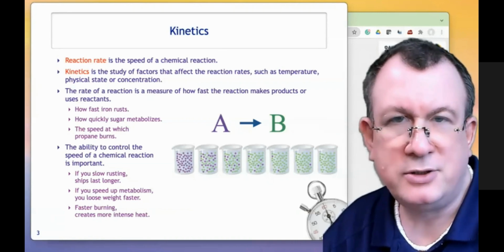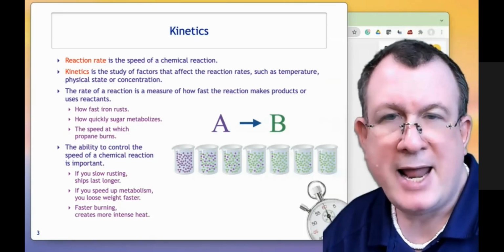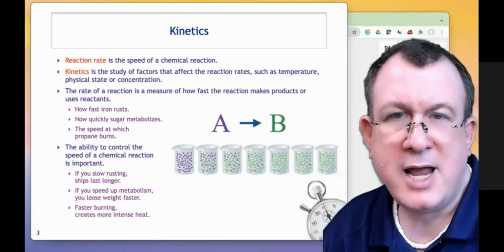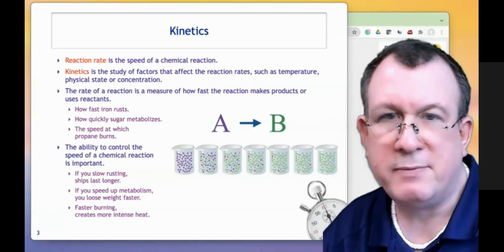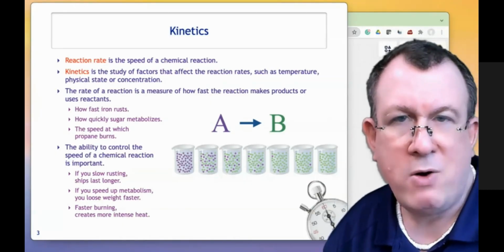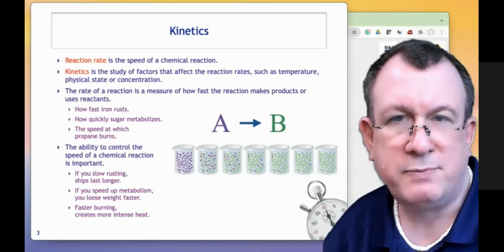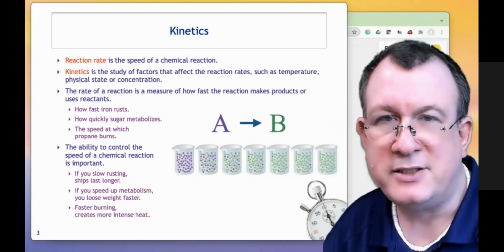Things like sugar. Sugar isn't stable. We burn sugar in our bodies. That's how we get energy. And how fast we burn the sugar means how much energy we have available to us. Adjusting the speed of that reaction really affects the utility of it. Propane, how much energy you get out of fossil fuels, is also a function of how fast you get energy out.